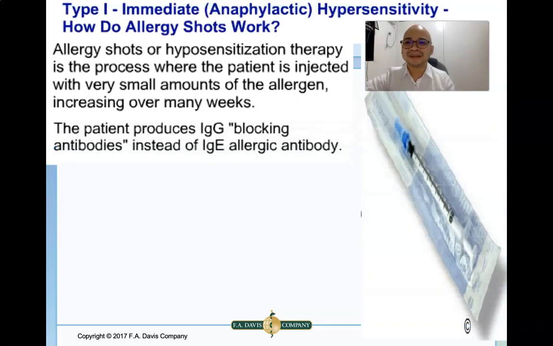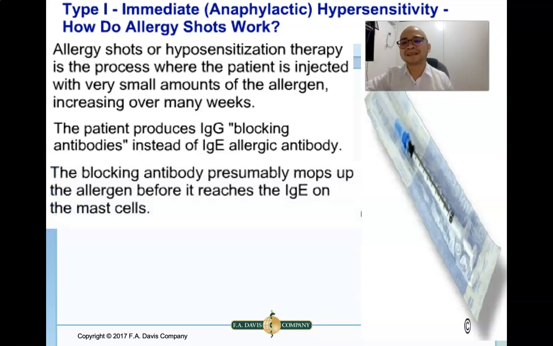Eventually the patient will produce the so-called IgG blocking antibodies. So instead of producing IgE, patients who undergo this therapy will be producing IgG blocking antibodies. The blocking antibody will presumably mop up the allergen before it reaches the IgE on the mast cells.